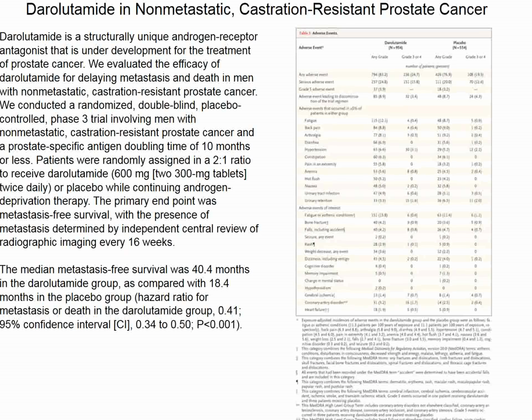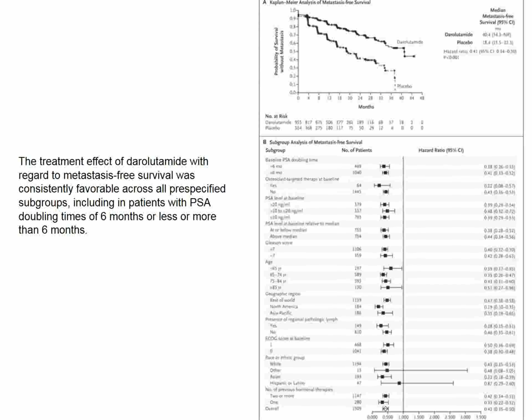And these patients were observed for about 40 months. And what we see here is that metastasis-free survival certainly seems to favor darolutamide treatment.